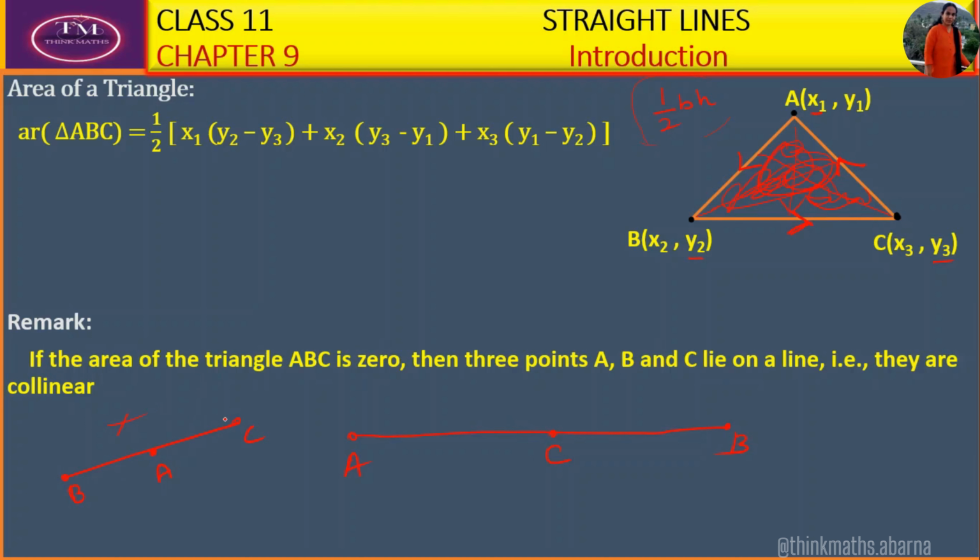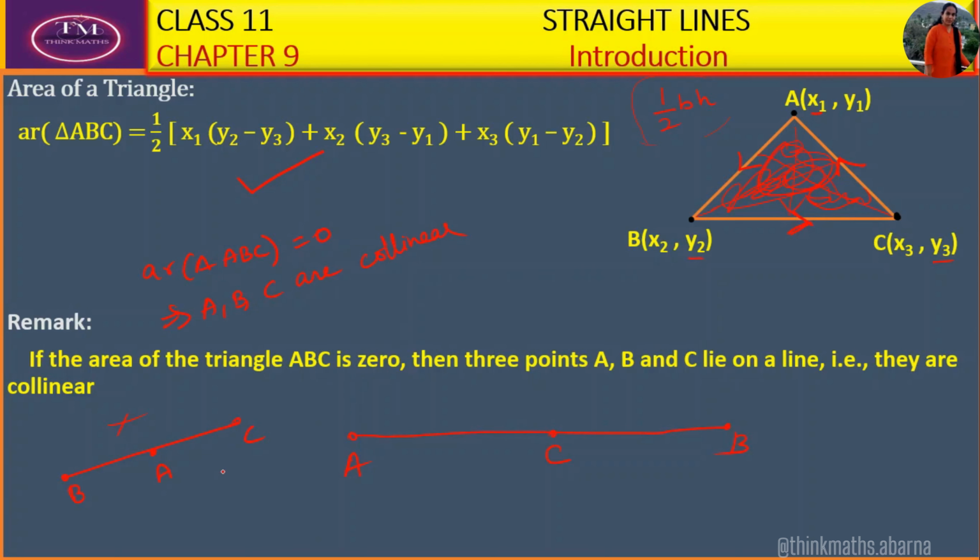So if you want to prove that three points are collinear, you can use the area of the triangle formula. If A, B, C are collinear, then the area of the triangle ABC will be 0. If it is 0, we can say A, B, C are collinear.